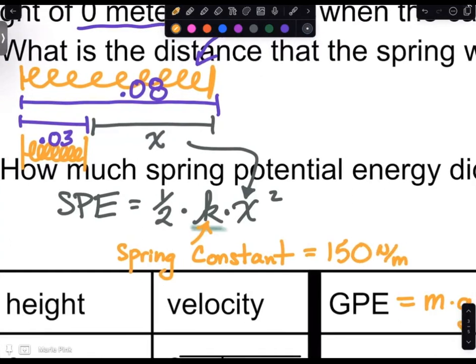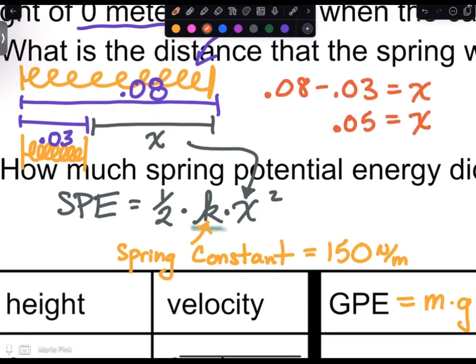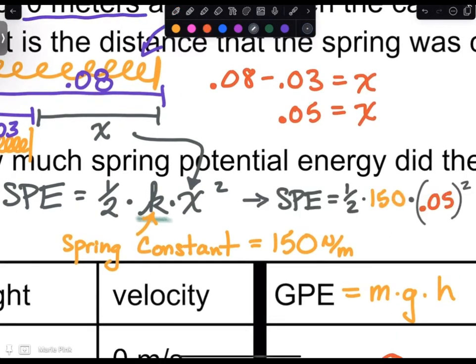All right, so now all I need to do is plug in these numbers, but I also realized, oh my goodness, I didn't actually figure out what X was. So X is the difference between the 0.08 and 0.03. So if I subtract the 2, I get an X, or a distance of the compression, as 0.05. All right, so now I'm going to plug these numbers in to my equation. And just as a note, only the X is squared, not the whole thing.